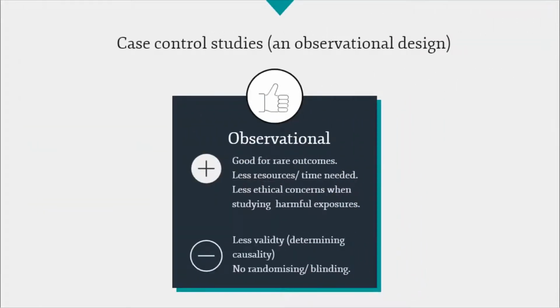Case control studies are a useful design for investigating the possible effects of rare exposures, and they are usually relatively quick and inexpensive to undertake. However, like all research studies in healthcare, their quality can vary, so it is important to critically appraise their quality.